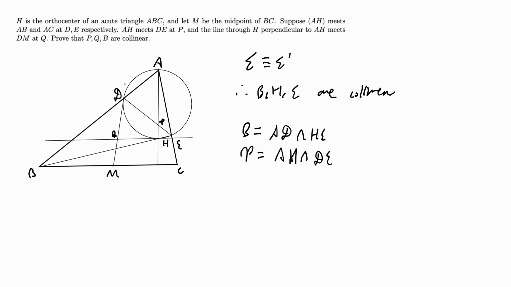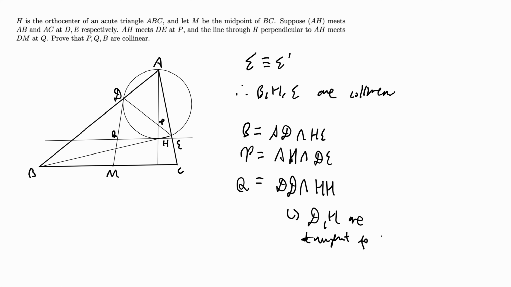Now, when we look at this circle and the quadrilateral, or 4 points A, D, H, E, we know that we could also define Q. We define Q as the intersection of the tangents at D and H. Here, D and H are tangent to AH, like this.